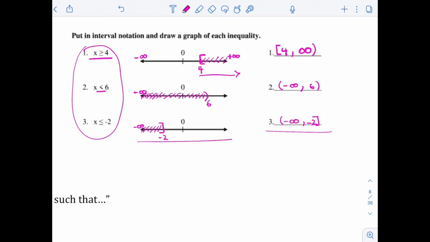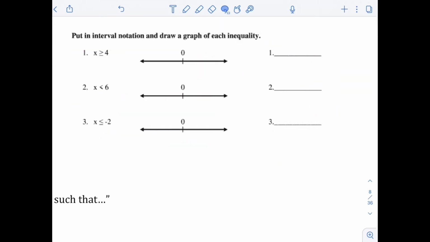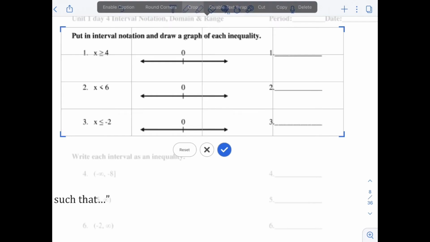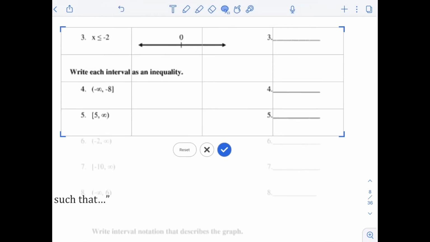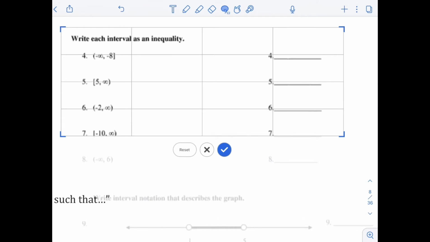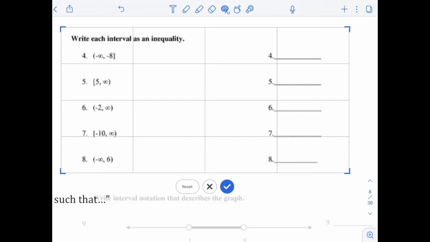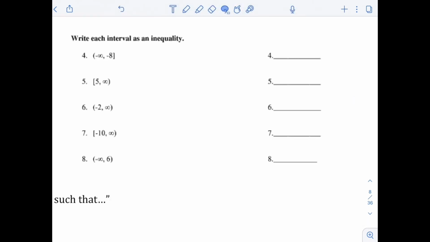So now let's look at how we can transform an interval to an inequality. Write as an inequality this interval.